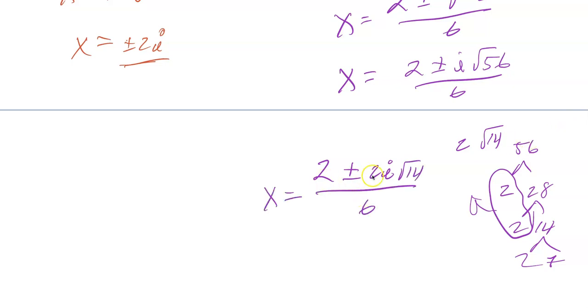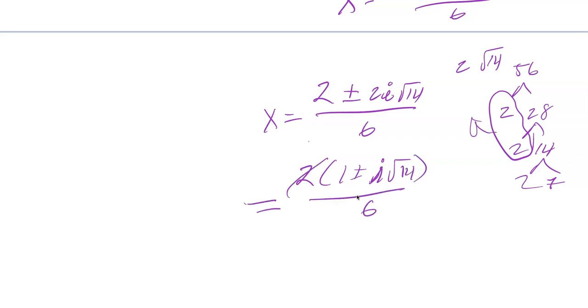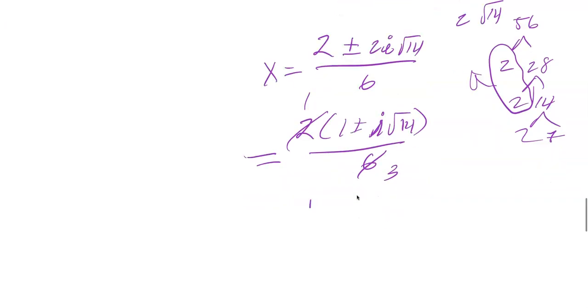And also I could reduce this. They both have a 2, so I can factor that out. So 1 plus or minus i square root of 14 over 6, which reduces to 1 plus or minus i square root of 14 over 3.